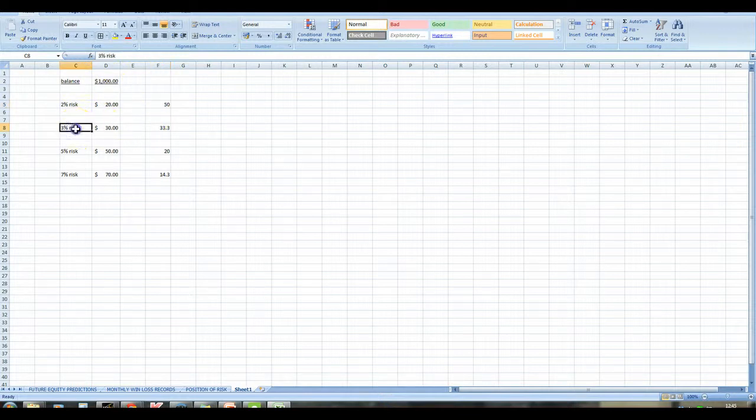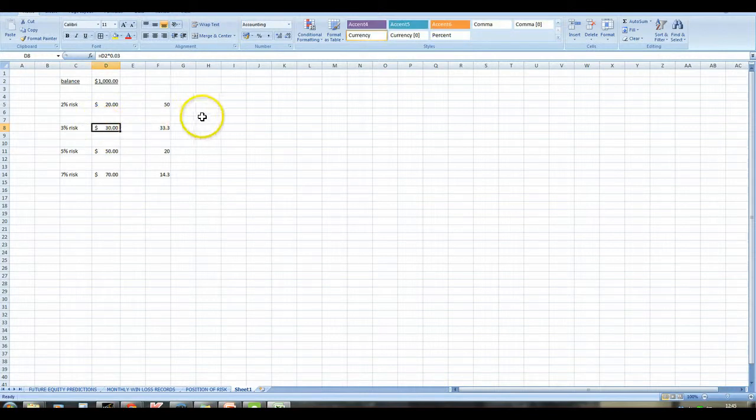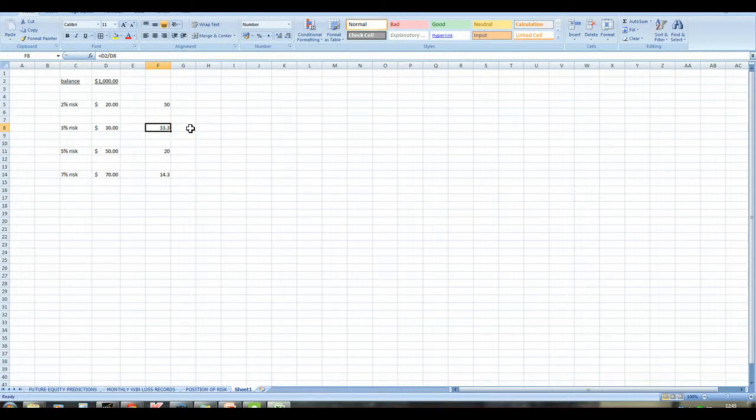A 3% risk, which is my maximum, and I've been trading for years, will give you 33 1/3 times to lose before your account goes to zero. Now, what a lot of people will do is they'll choose this 5% because it's nice. Lose $50, win $50, win 100. It's a nice round number, 5%.